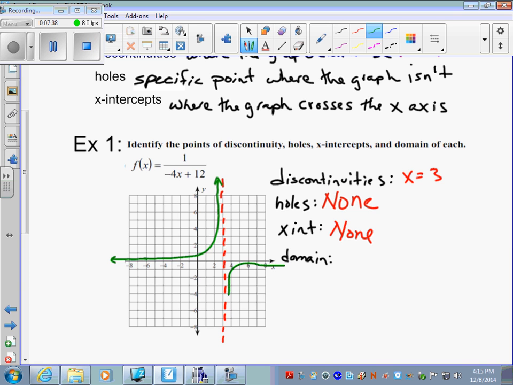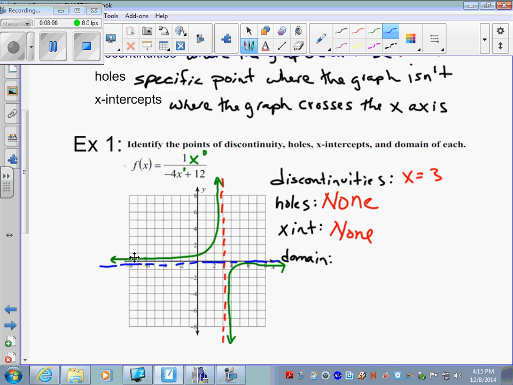And that is there because the numerator's biggest power is 0. The denominator's biggest power is 1, which you just learned in 6a. Anytime the numerator's power is less than the denominator's, it has a horizontal asymptote at y equals 0. So we know there's another asymptote, horizontal asymptote right here. That's a quick refresher from 6a.